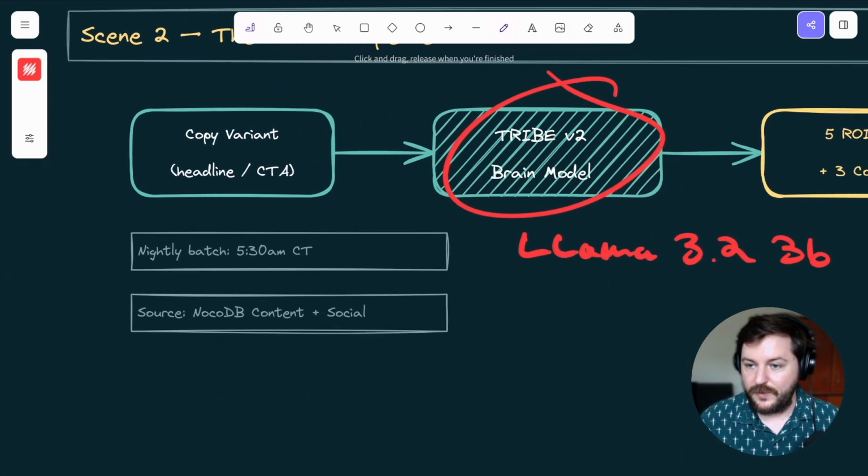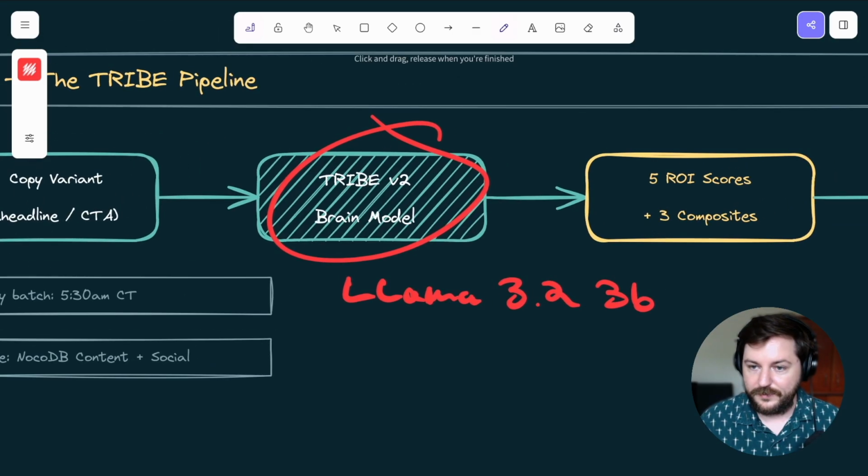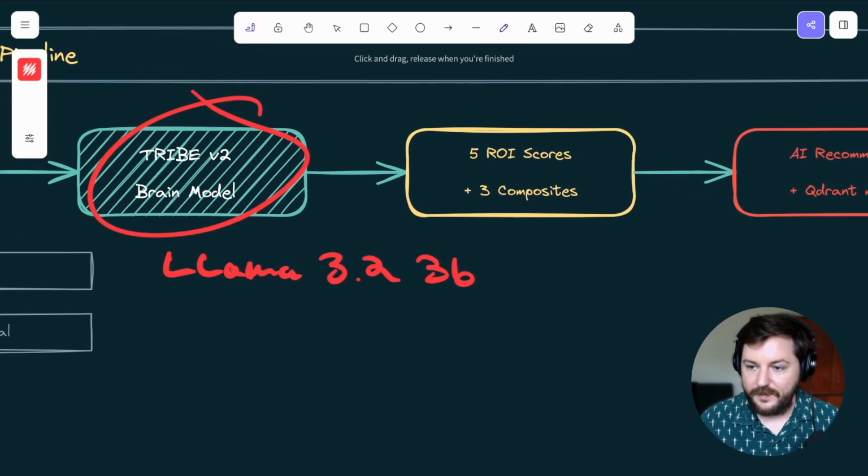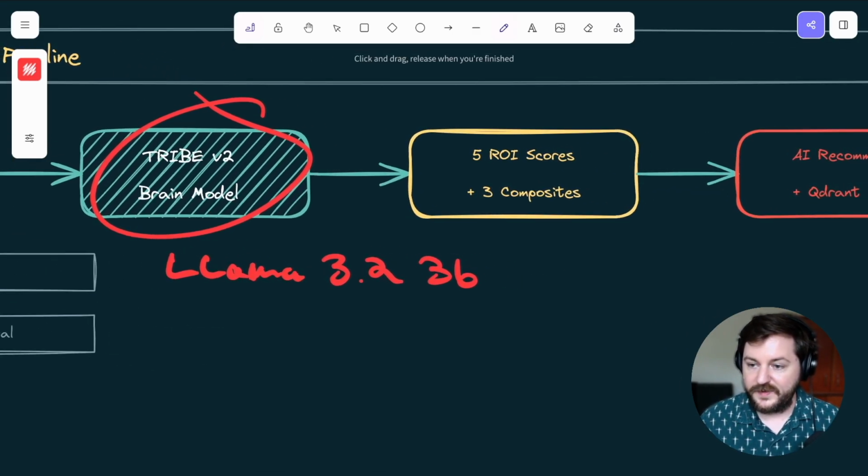We assign scores to each of those through TRIBE, and those are scores that each of those vectors are placing based on the proposed CTA and the proposed headline. Those scores in particular, based on those 5 vertices, look at that, fancy words, you're able to come up with these 3 composite formulas.